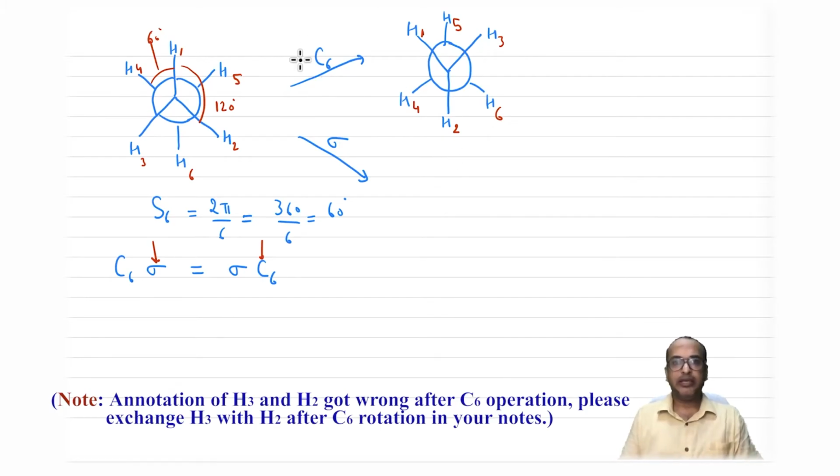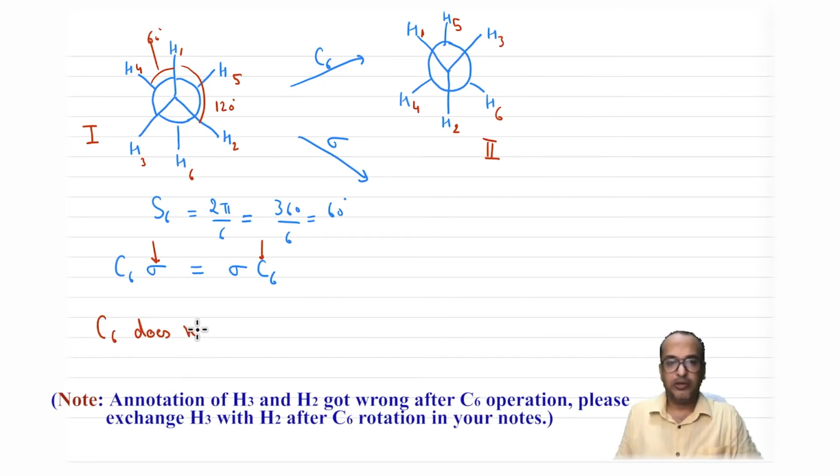Now you can see that if we denote this as molecule number 1 and this one as molecule number 2, so 1 and 2 are not in equivalent configurations, right? You can see that the configuration of this is not equivalent to this. So we can say that C6 does not exist in this one.